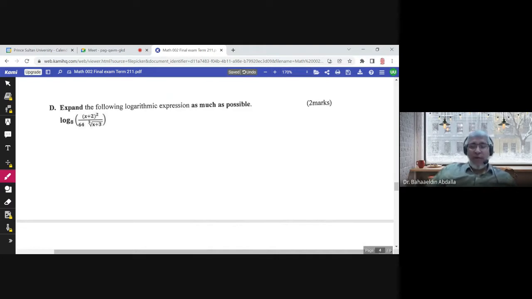Expand the following logarithmic expression as much as possible. This is in section 4.3, properties of logarithms. We can write it as 2 log base 8 of x plus 2 minus log base 8 of 64 times the cube root of x plus 3.